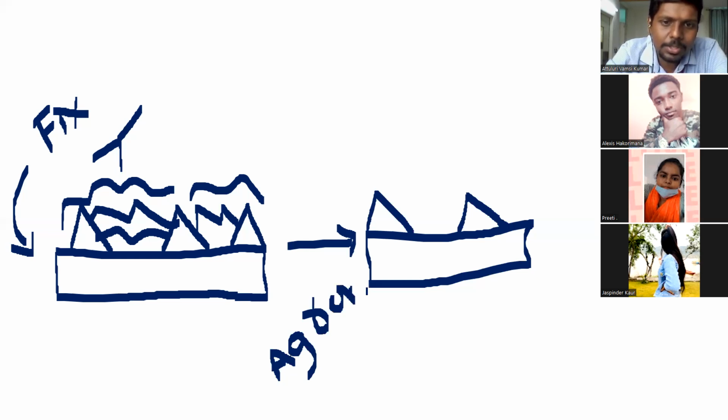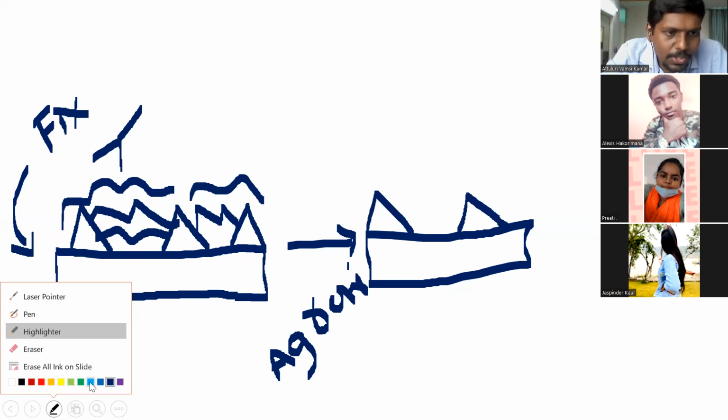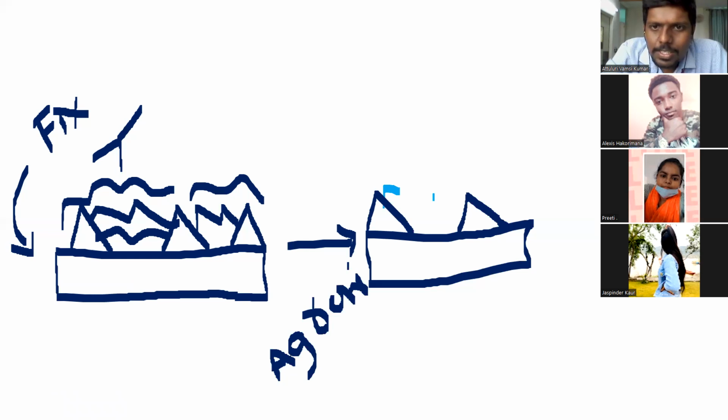I'm unable to write properly. In antigen retrieval, we are trying to remove these cross-links. I will show the cross-links with another color. There are protein cross-links among the antigens, and now these need to be removed.